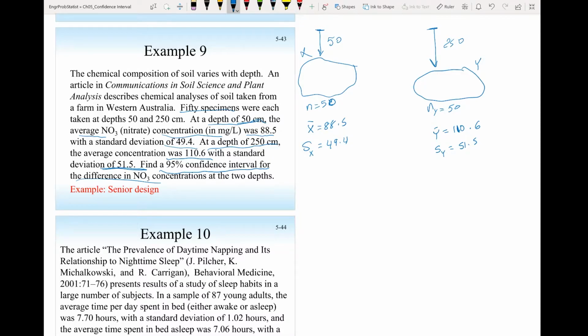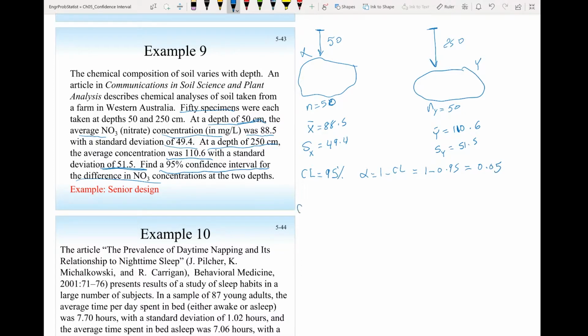So our confidence level is 95%. So alpha equals 1 minus confidence level. So that is 1 minus 0.95 equals 0.05.